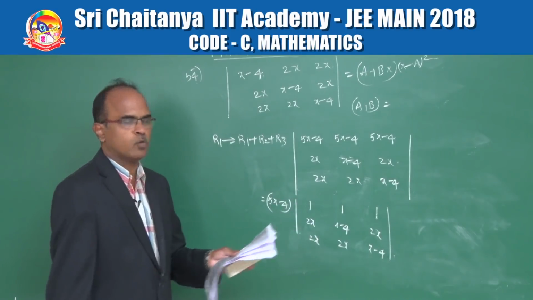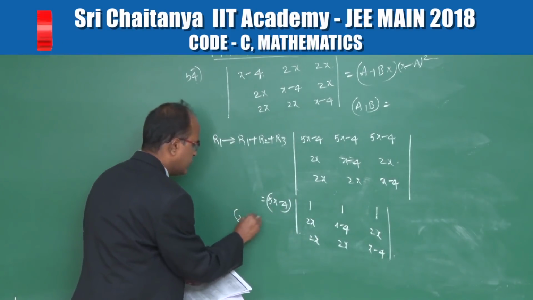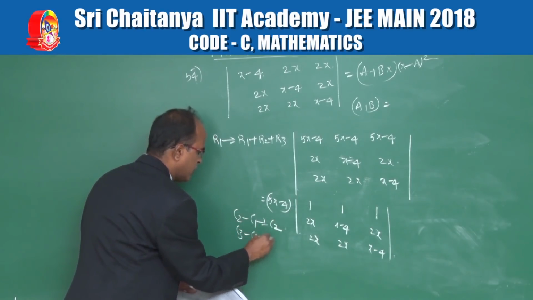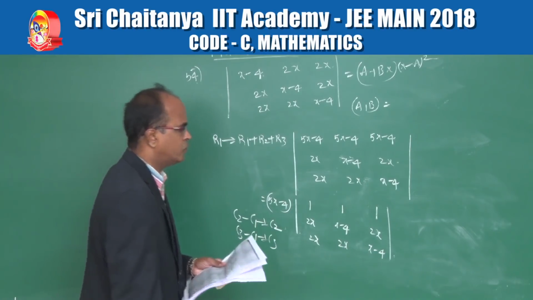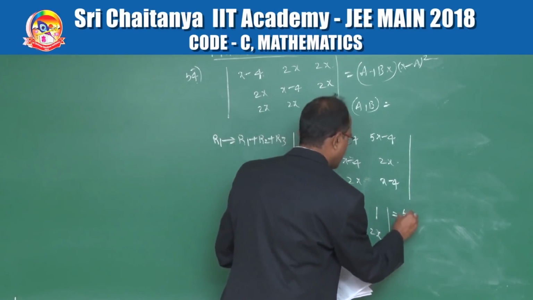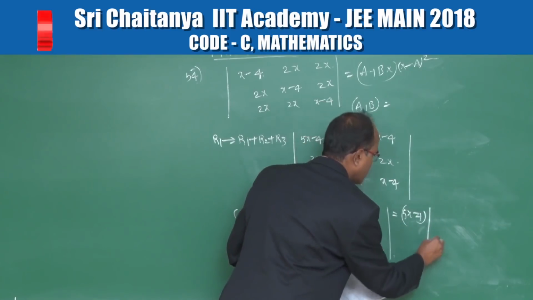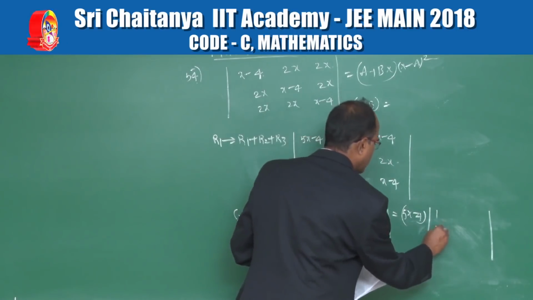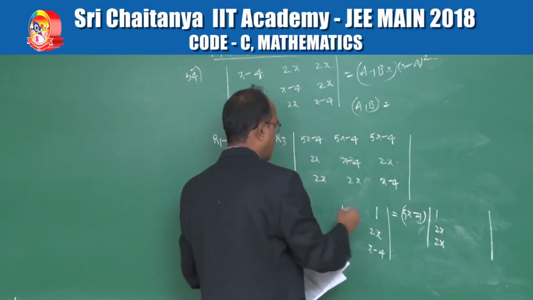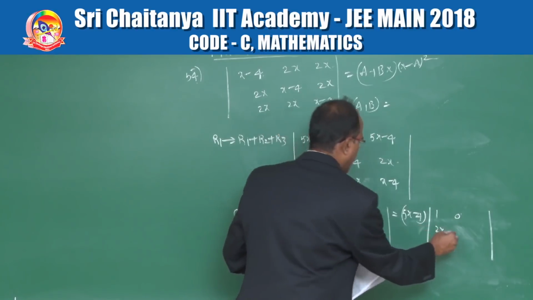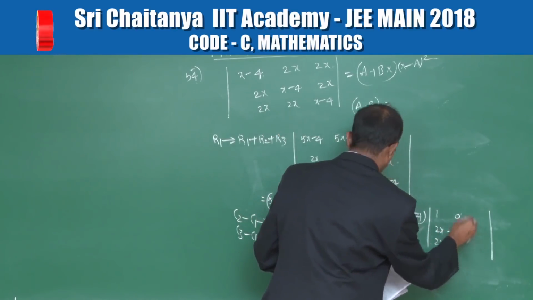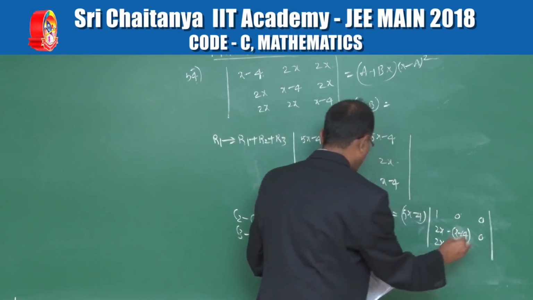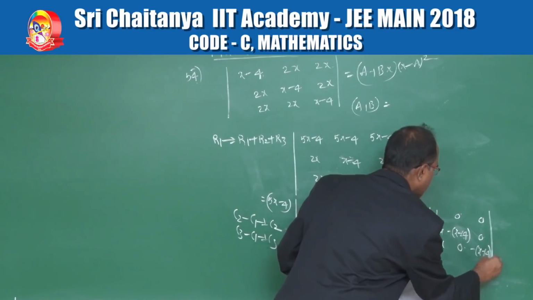We now do the standard column operations, namely C2 minus C1 changes to C2, C3 minus C1 changes to C3, and this now becomes 5x minus 4 into the determinant. The first column remains same, 1, 2x, 2x. The second column becomes 0, minus of x plus 4, 0. The third column becomes 0, 0, minus of x plus 4.